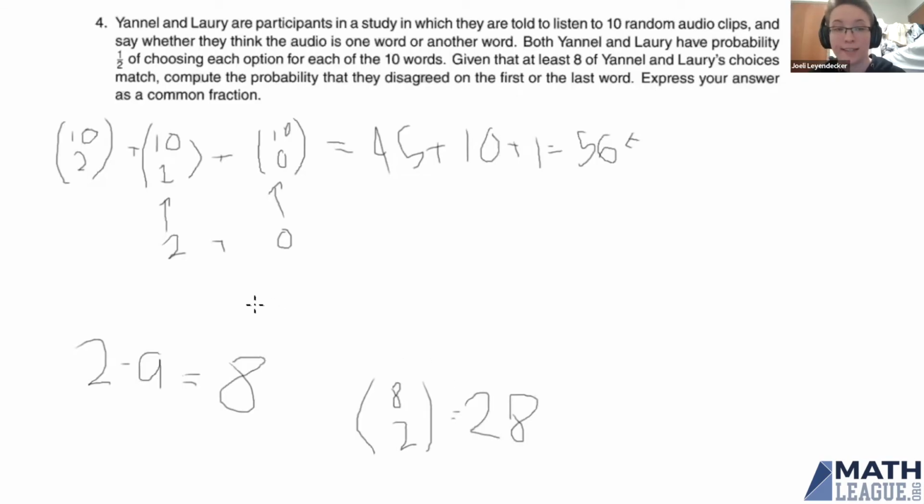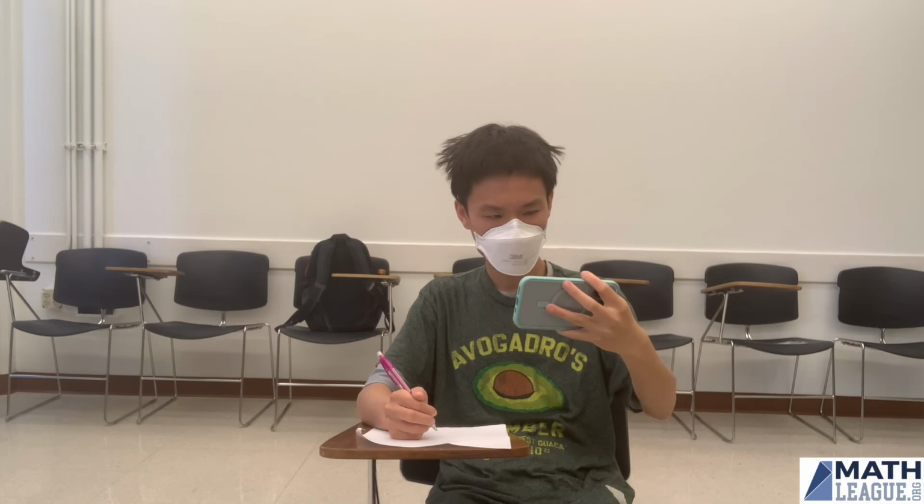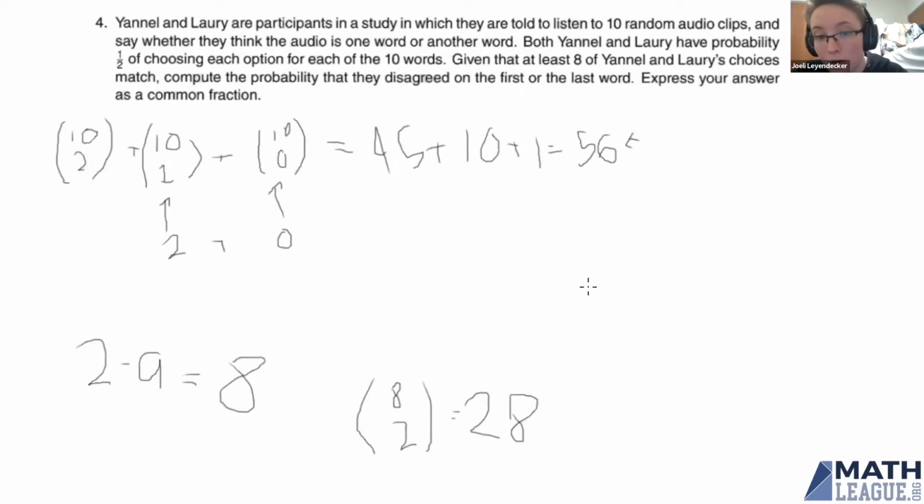So that's the number of cases in the case where they agree on exactly 8 words that do not satisfy our requirement. So we know that there's a total of 45 possible options in this case. So the number of options that do satisfy our requirements is going to be 45 minus 28. So that's 17 wanted in the case of 2 choices not matching.